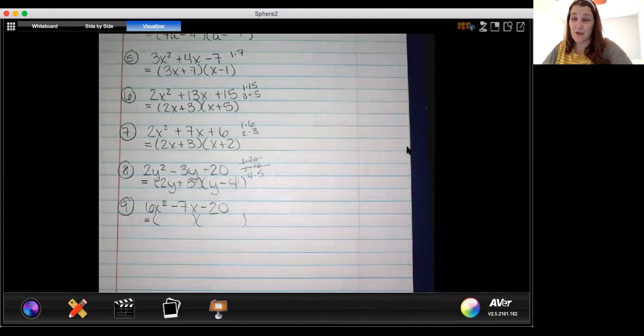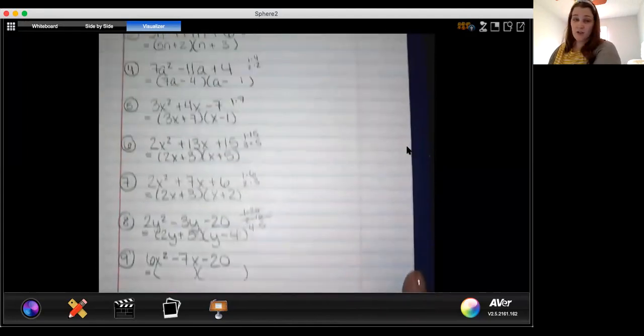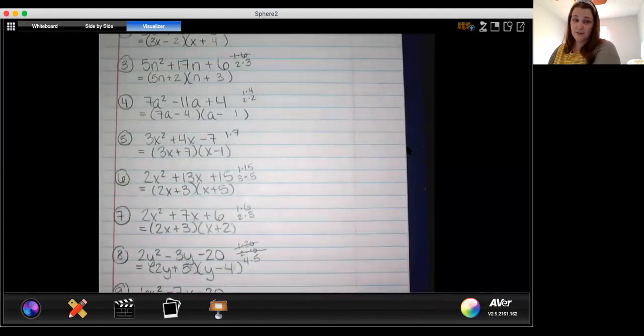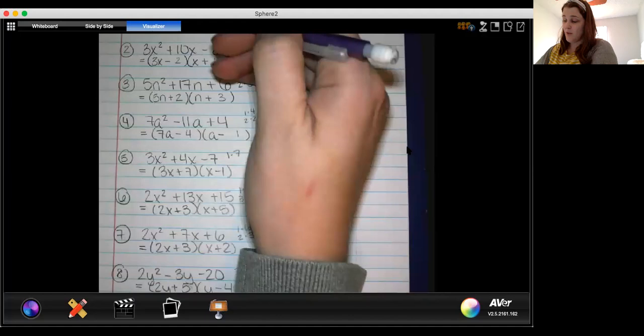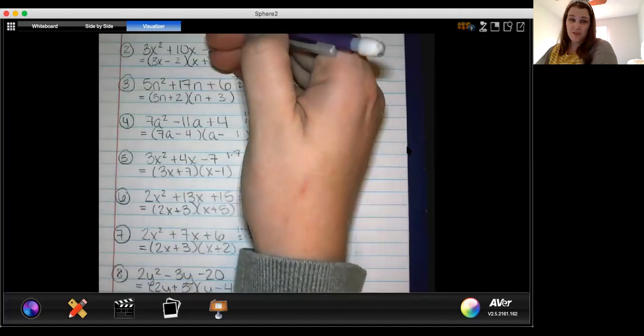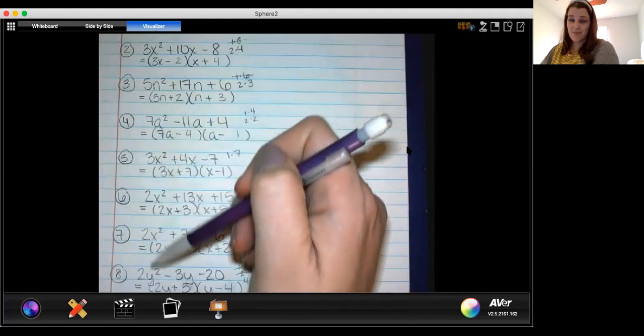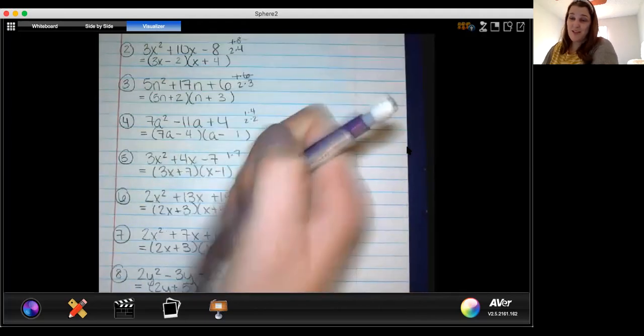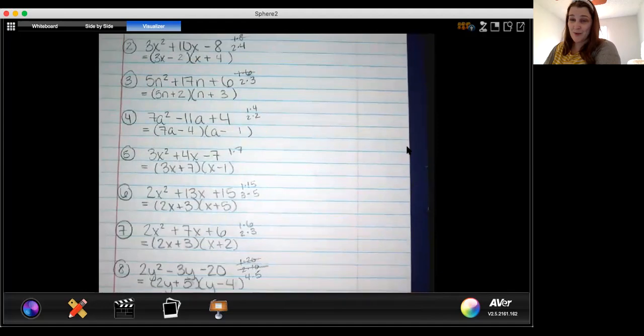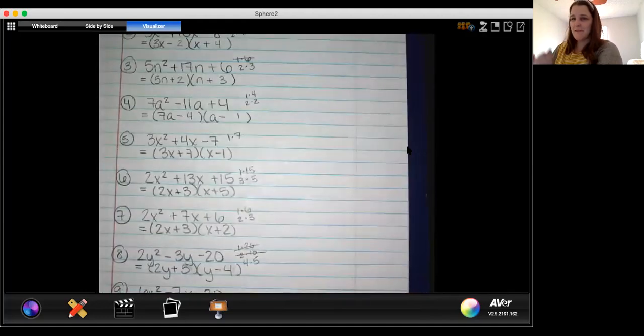No. So now I've added another layer of guess and check method. And that's because every number we've done so far, if you notice, has been a prime number. 2, 3, 5, 7, 2, 3. All these are prime numbers. The only way to get to that number is to multiply itself by 1.